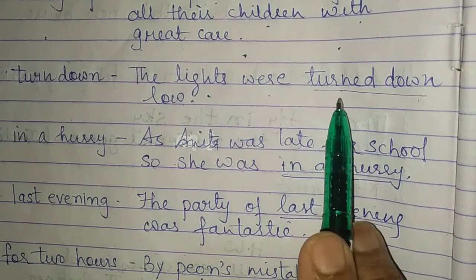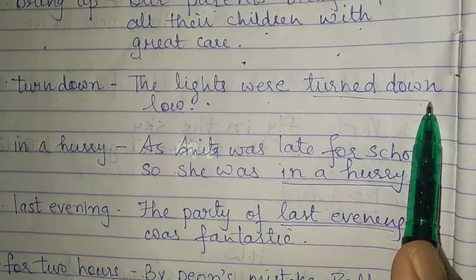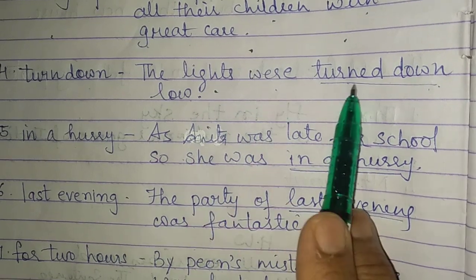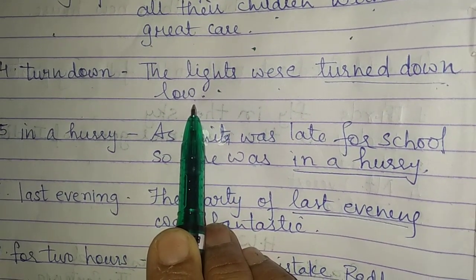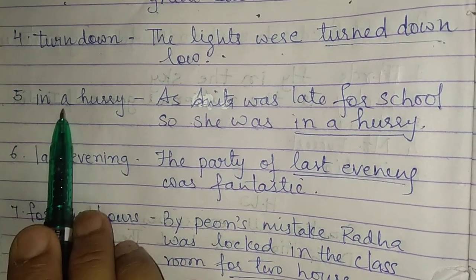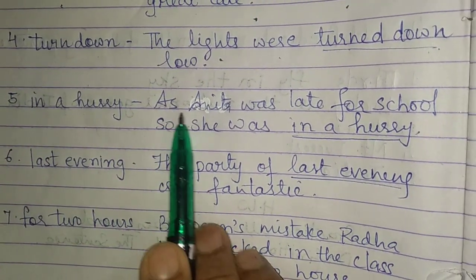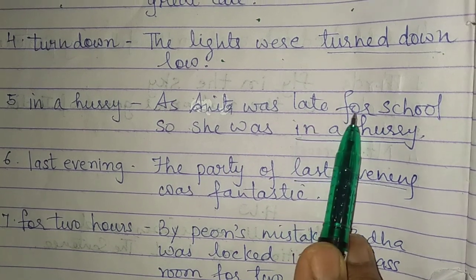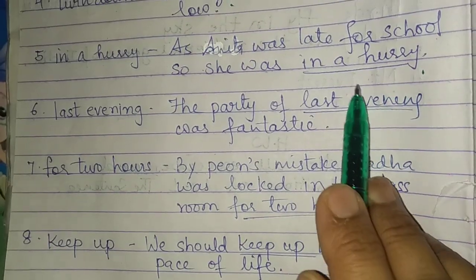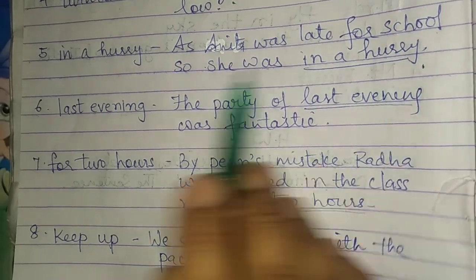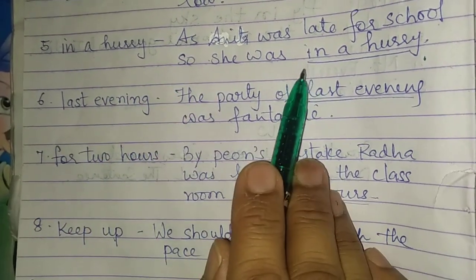Turn is changed into turned down to make a proper sentence. The lights were turned down low. Now come to the next phrase, that is in a hurry. As Anita was late for school, she was in a hurry. Yes. In a hurry, phrase completed.